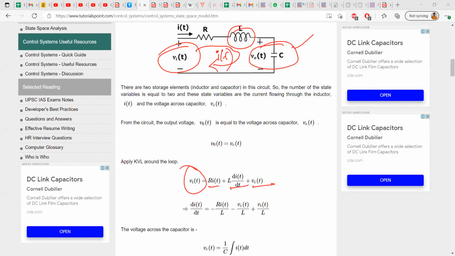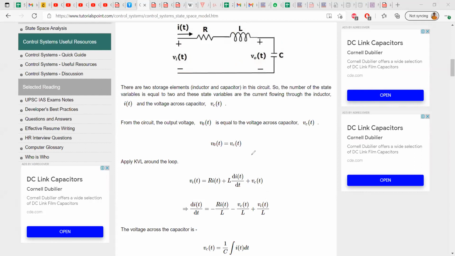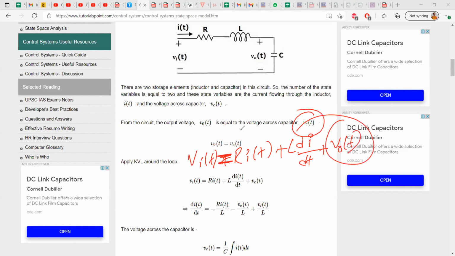So Va of t equals R into i of t plus L di by dt plus V0 of t. But what is V0 of t? V0 of t is nothing but Vc of t, which is the voltage across the capacitor. We replace it here.